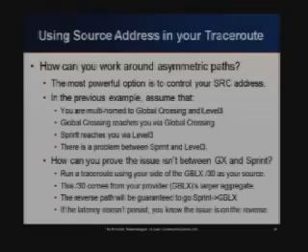But assuming that you're stuck with ordinary traceroute and you're trying to figure out the reverse path, or figure out if it is an asymmetric problem or not, the most powerful tool you have at your disposal is setting your source address. So, for example, the previous example, say you're a network that's multi-homed to Global Crossing and Level 3. When you send the packets out and it's still within the Global Crossing network, Global Crossing sends it back to you.